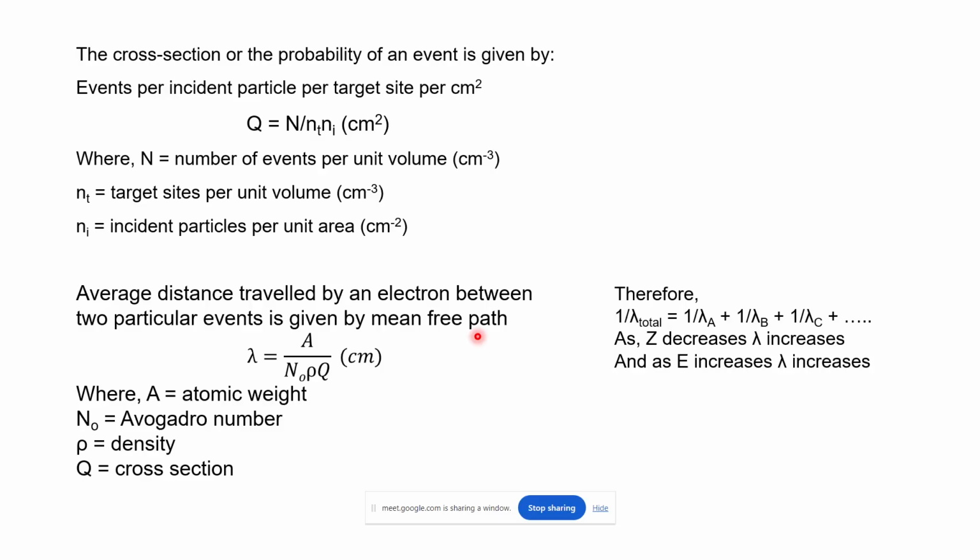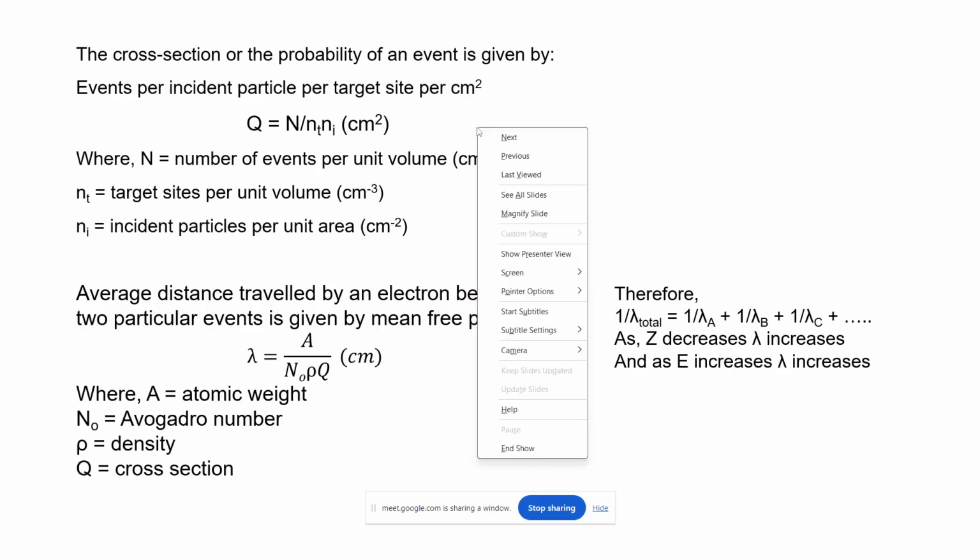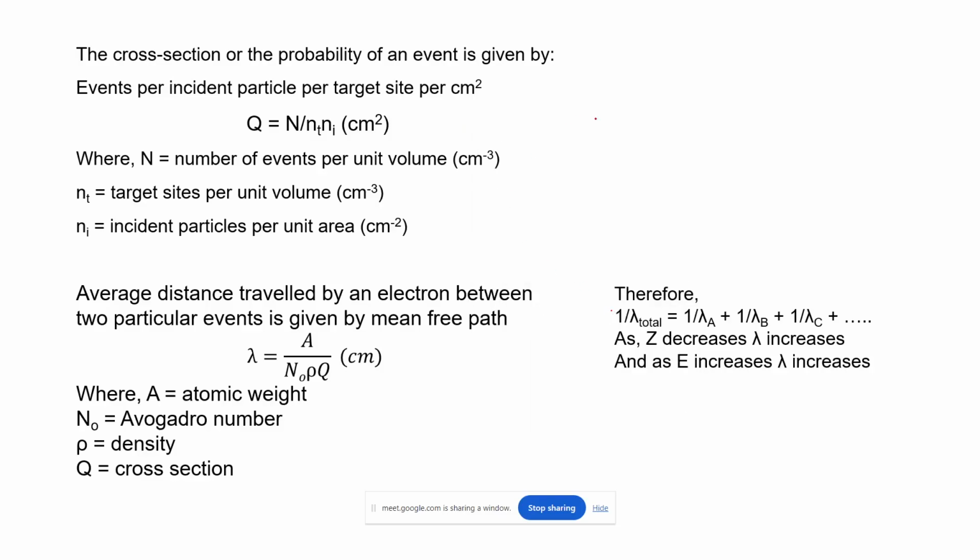Like if the electron is interacting here and then here, the average distance from this point to this point, traveled by an electron between two particular events, is given by the mean free path.